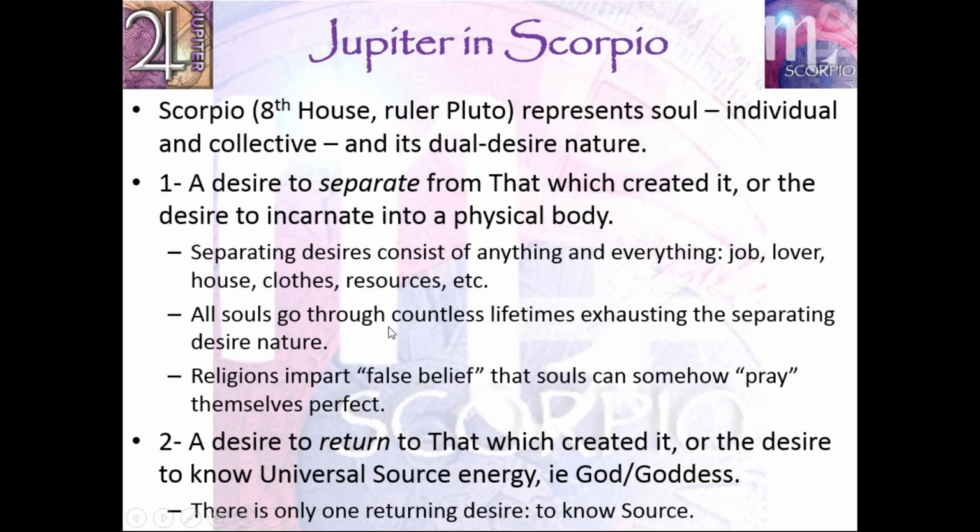In natural law, this is anything and everything: the desire to have a new job, a new lover, to have clothing and resources and a car and a place to live, and all of these things that we can sometimes be made to feel guilty about when we have them in excess. And also, in natural law, every soul goes through countless lifetimes exhausting the separating desire nature.